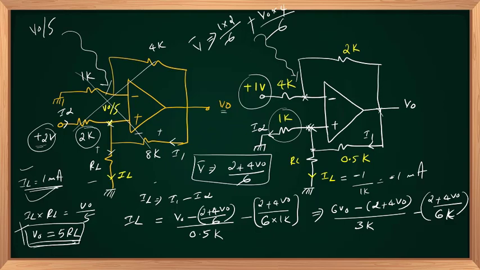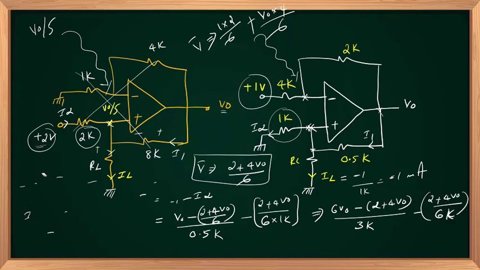That will give you its value. If I am multiplying with 2 in the numerator, this will be 12V out. This will become 6K, this will become 4, this will become 8V out. So 12V out minus 8V out will be 4V out.